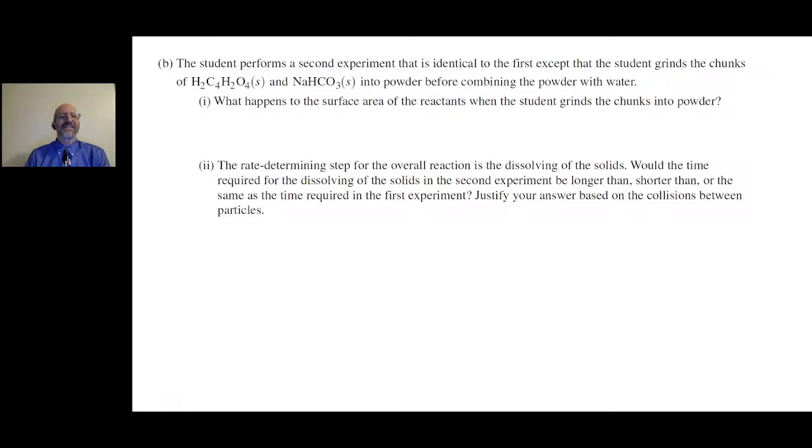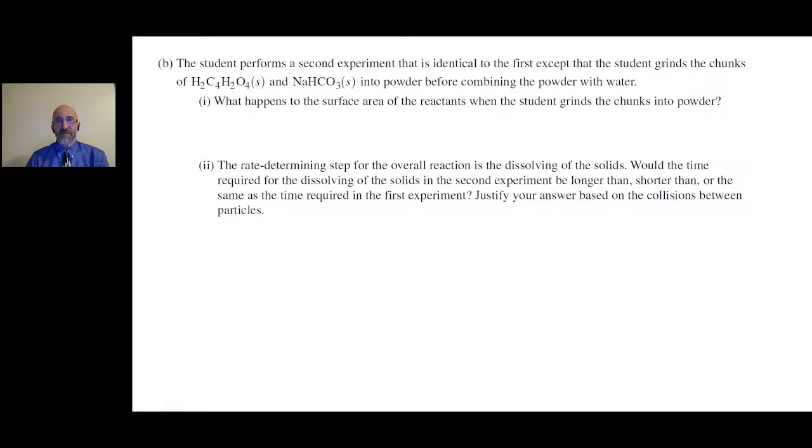The student performs a second experiment that is identical to the first, except that the student grinds these chunks of solid into a powder. What happens to the surface area of the reactants when the student grinds these larger chunks into a powder? The surface area increases.